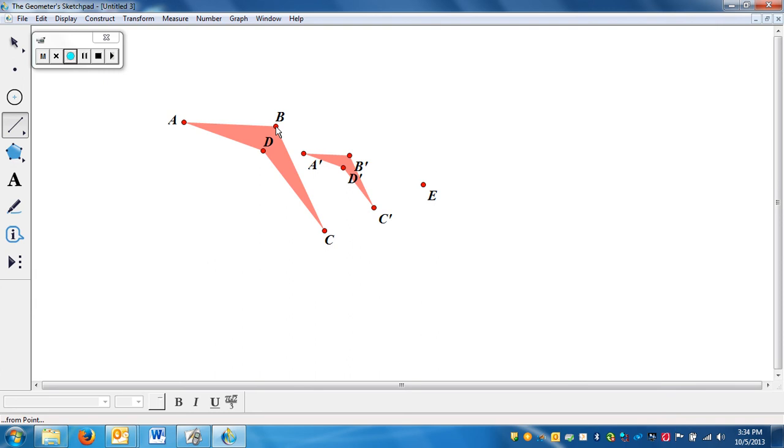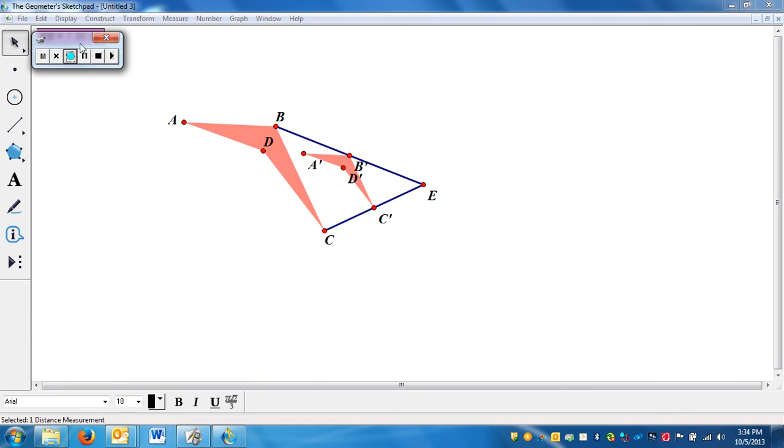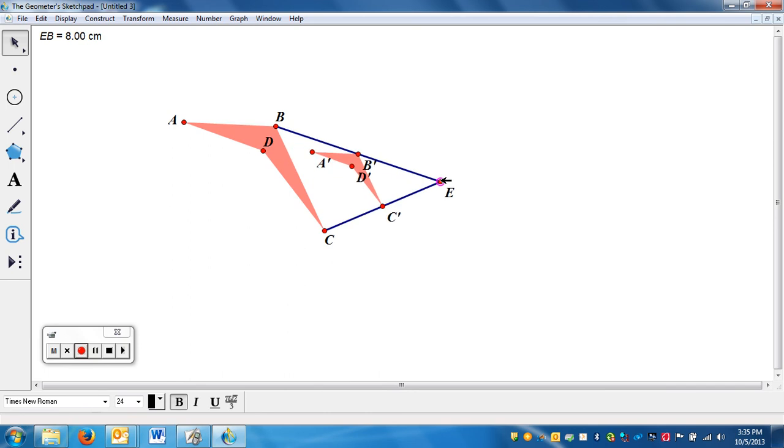To do a dilation, you take the distance from B to E and you cut it in half. And you take the distance from C to E and cut it in half. So in other words, we measure the distance from B to E. It is 7.3 centimeters, and then I measure the distance from E to B. It is 4 centimeters.